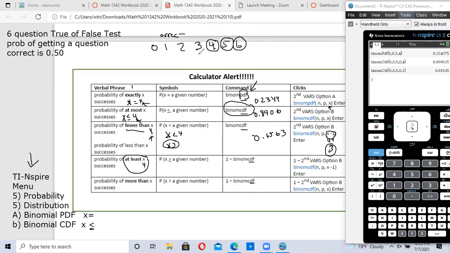CDF only goes to the left. When we did this one, X is less than or equal to 4, we did all of these. CDF can only go up to whatever number we say, the calculator can go to the left.